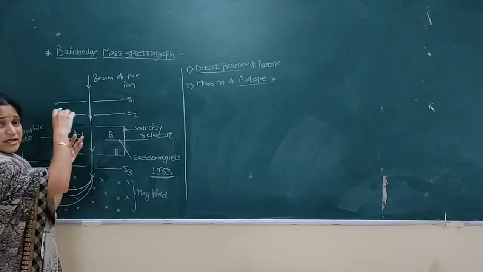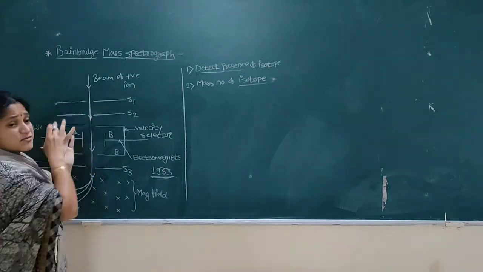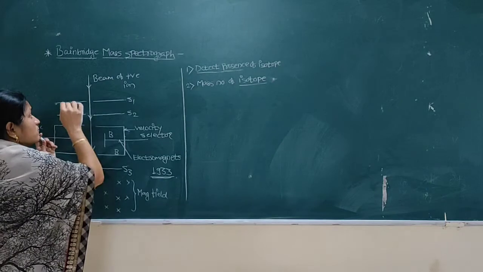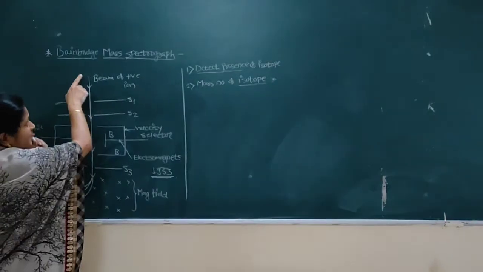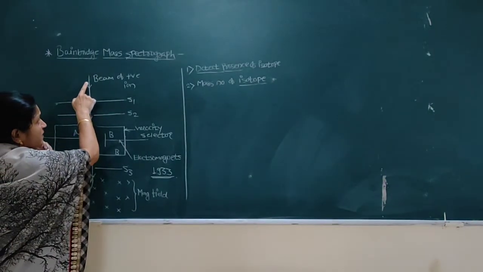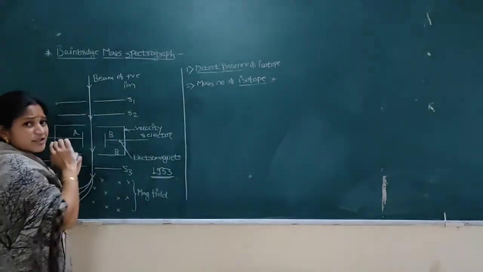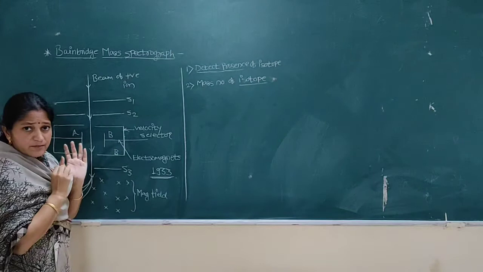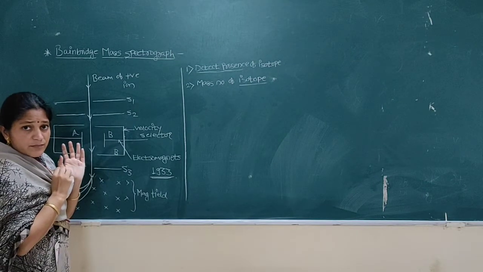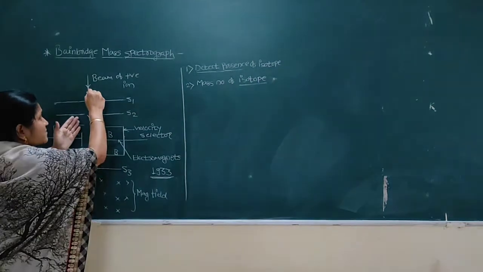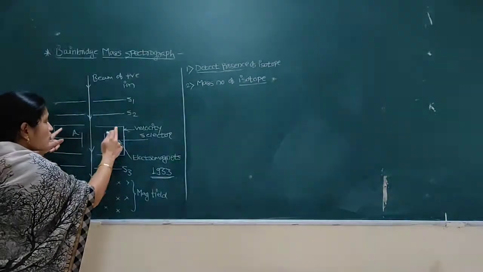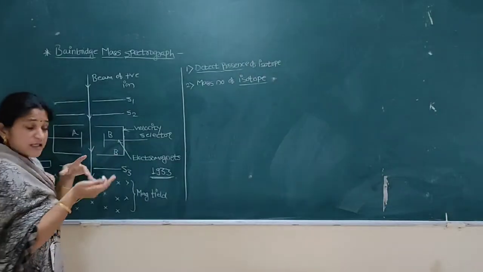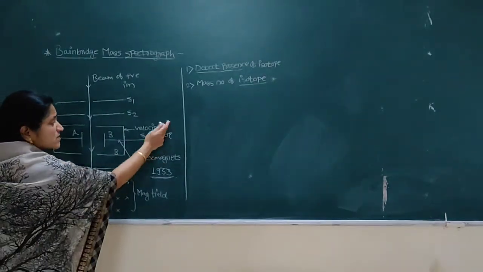Understood? One more time I will explain the principle of the Bainbridge mass spectrograph. Whatever be the velocity of the positive ions in the process of their generation, it is made perfectly homogeneous in velocity by the use of this velocity selector.